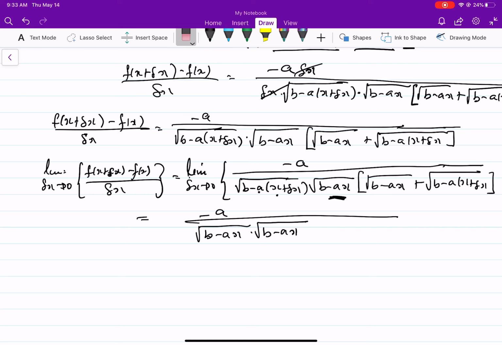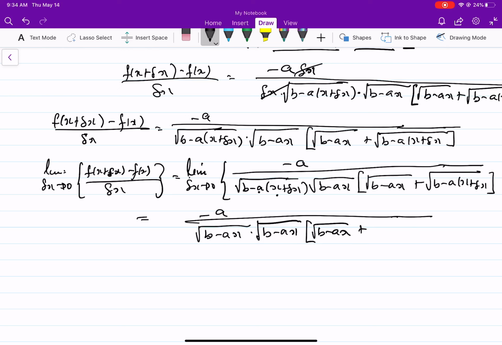Okay, and then times the root of b minus ax plus the root of b minus ax, as the delta x goes to 0. Oh wow. So let's see. This is f prime of x.